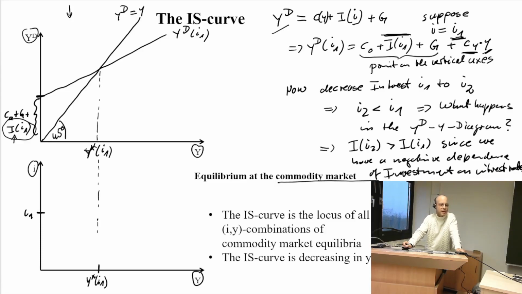So if we now know that we have to insert a larger number in our total demand YD, since interest rates have decreased, what happens in our picture?